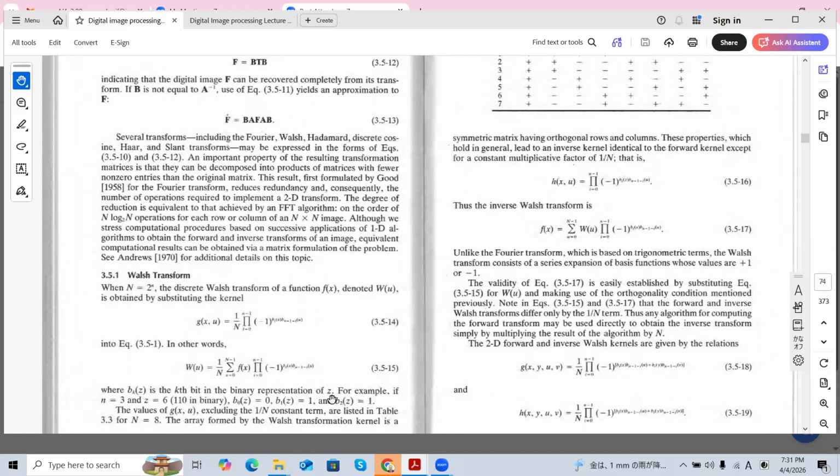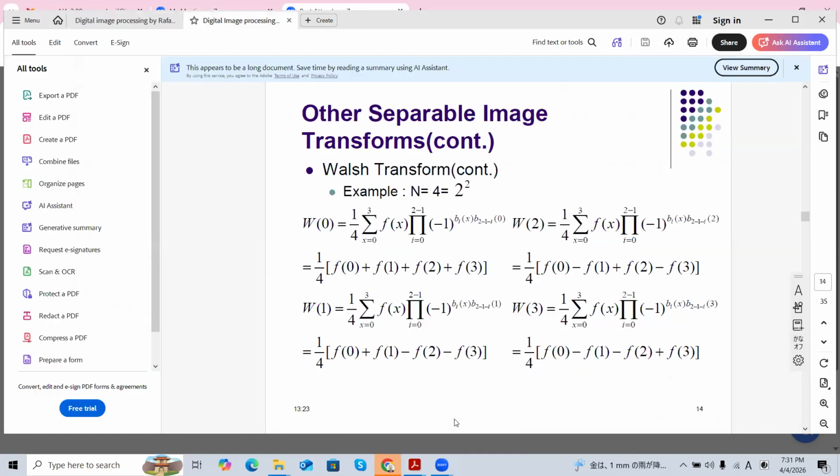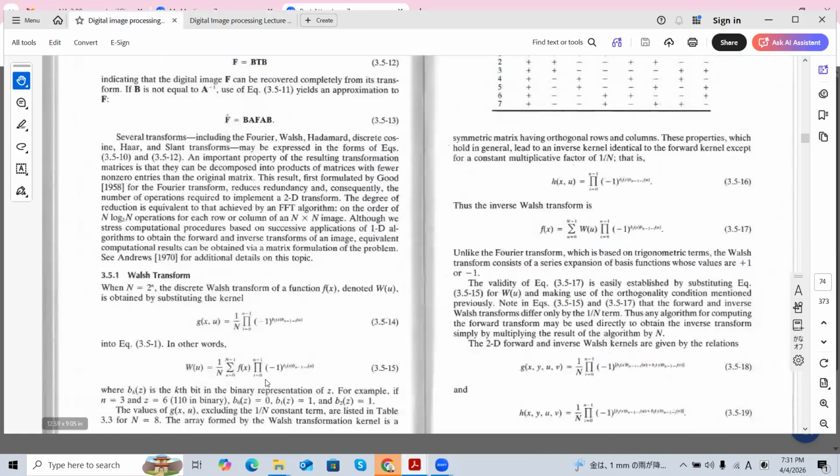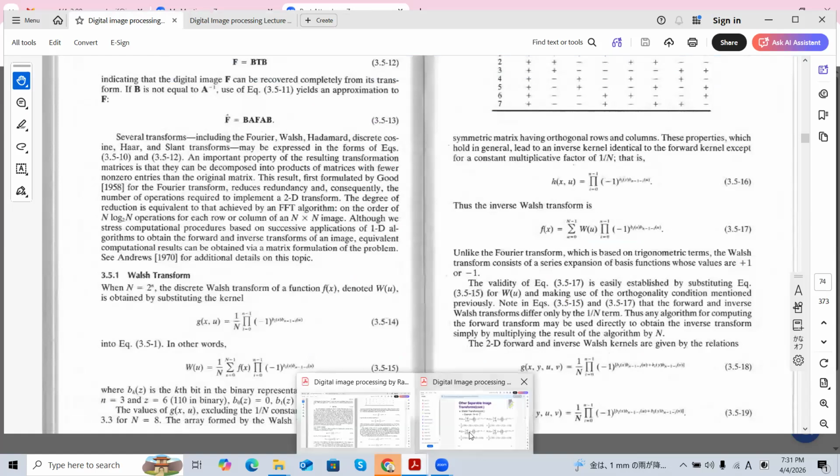So in this case, if z is, for instance, 6, then the binary is 110, so b0 is 0, b1 is 1, and b2 is 1. Back to here.